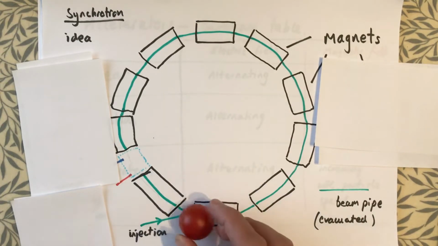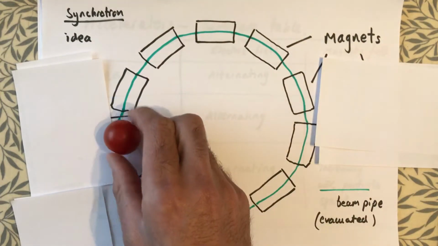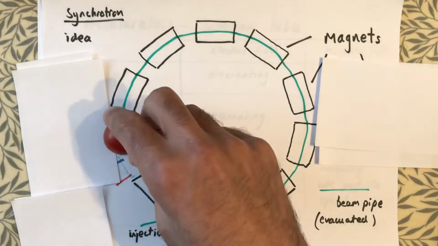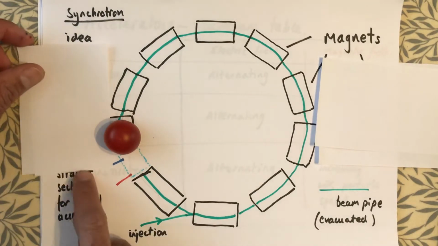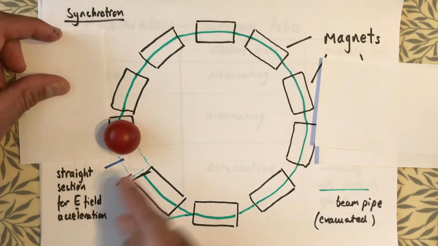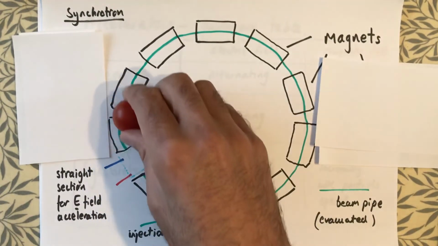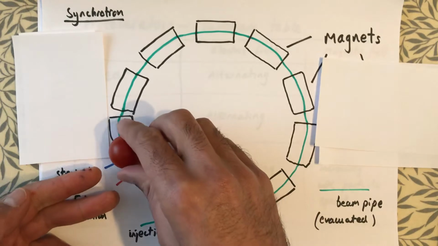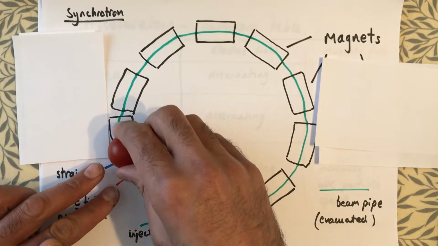I inject a particle at speed, it goes around the circle, and at one point in the circle, you have a straight line section which has an electric field, which will attract my proton, and then as my proton comes in, it will swap over and give it a kick to make it go faster.